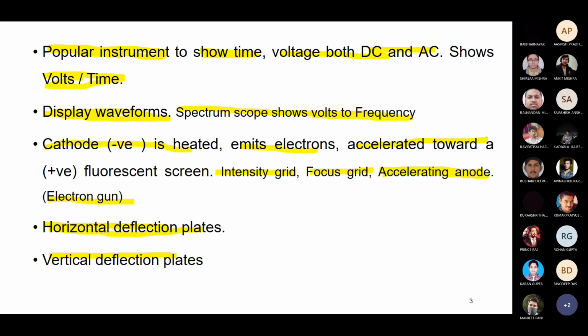So if you change the volts per division, the bias voltage magnitude of the horizontal plates I am telling about is changing. Based on that, the amplitude of the visualized electron beam also changes.